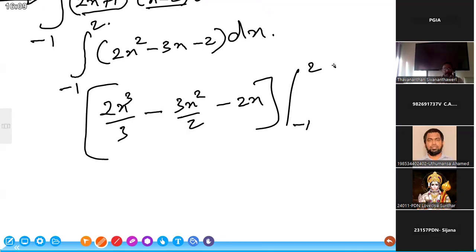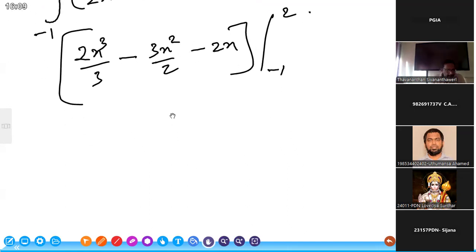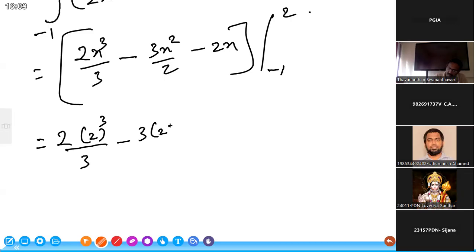Let's be careful with these minuses and pluses. Okay, the integration is as such. Now substitute the values: 2 to the power 3 by 3, minus 3 into 2 to the power 2 by 2, minus 2 into 2.